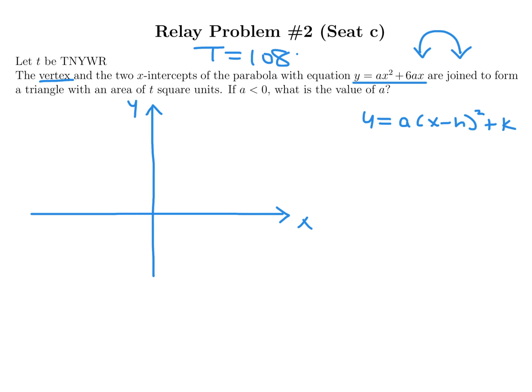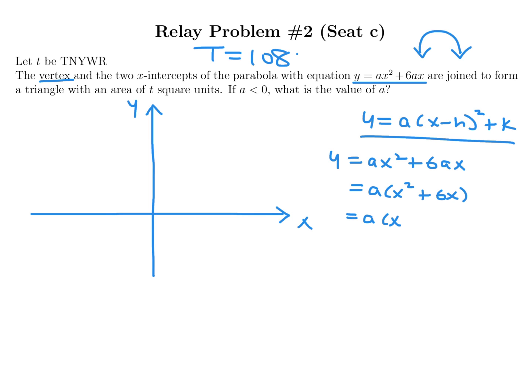But we got to work with this guy here. So let's work with that. So we have ax squared plus 6ax, and let's factor out the a, because I'm going to try to get it in that form. So it's going to be a times x squared plus 6x, and then completing the square, you take this coefficient, which is 6, take half of it, which is 3, and then square it, so 9.